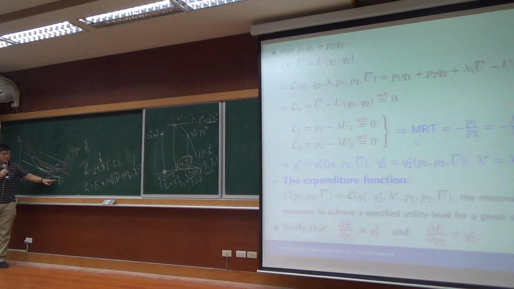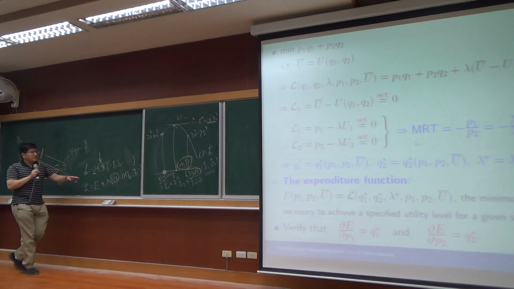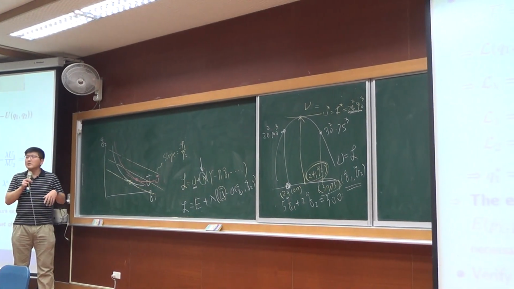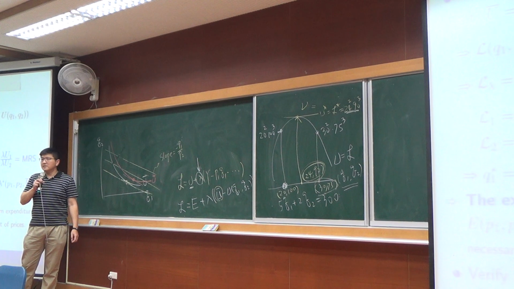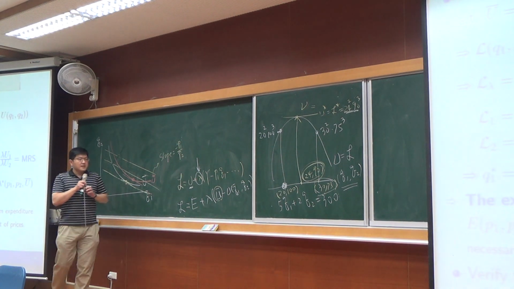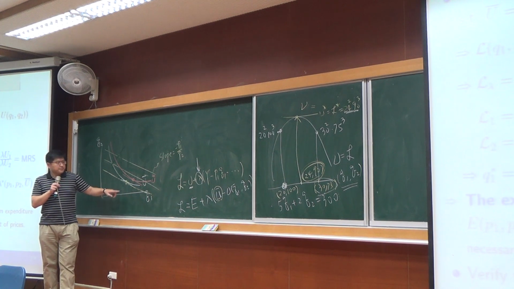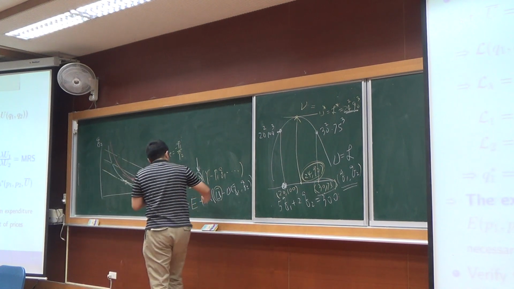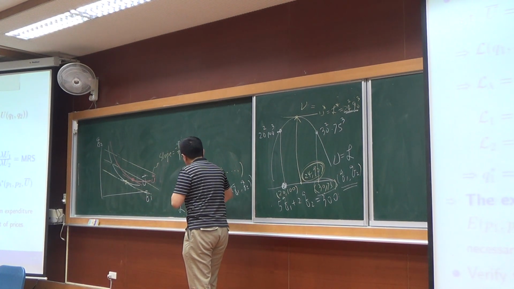So given different requirements, our optimal solution will change, because now the requirements are different, right? Just like if you are given a different budget constraint, if you have a higher income, your best solution will change. Okay? Now, given the utility requirement, we want to minimize our expenditure. So how to interpret the multiplier here?